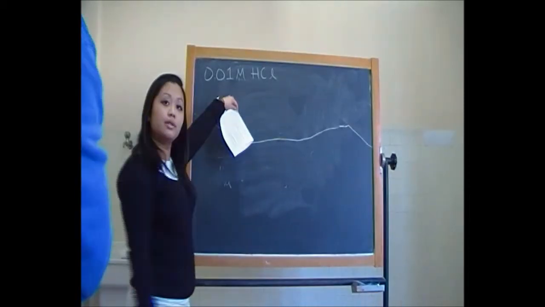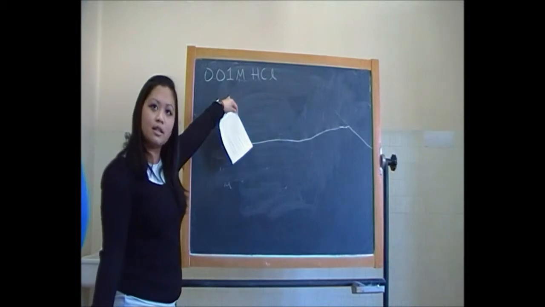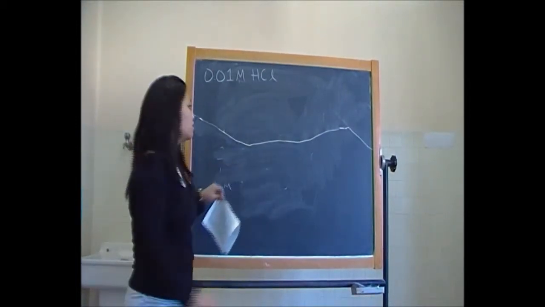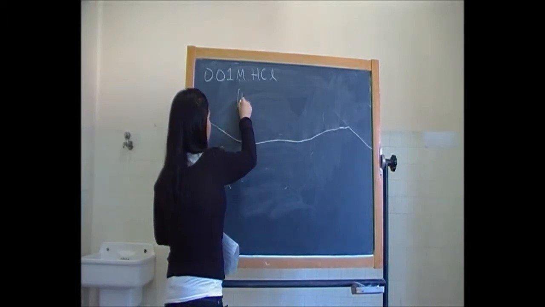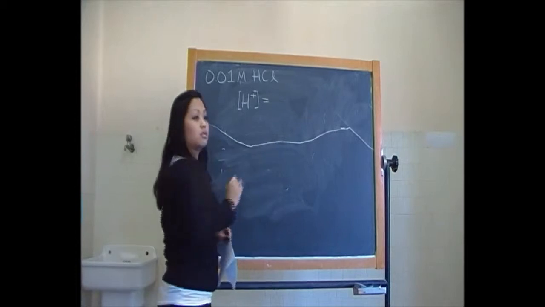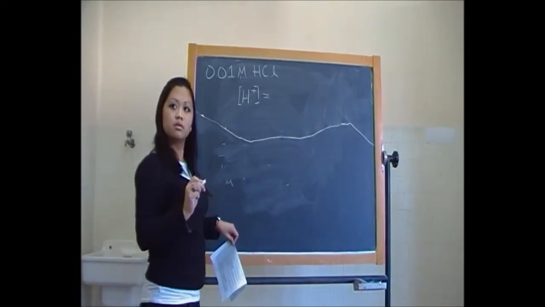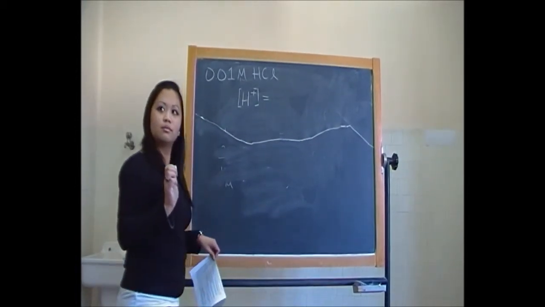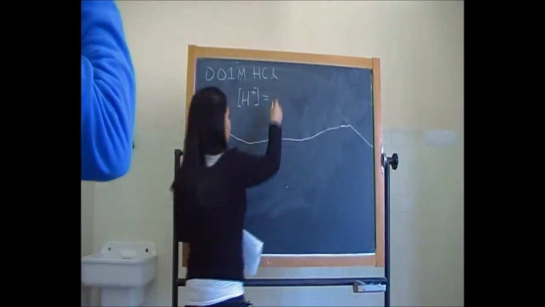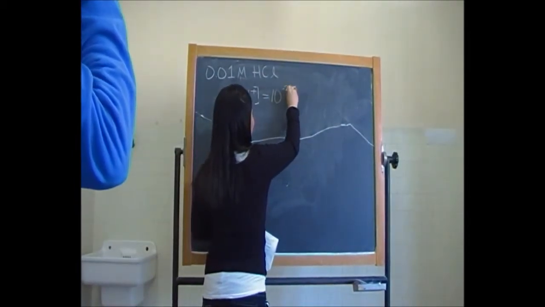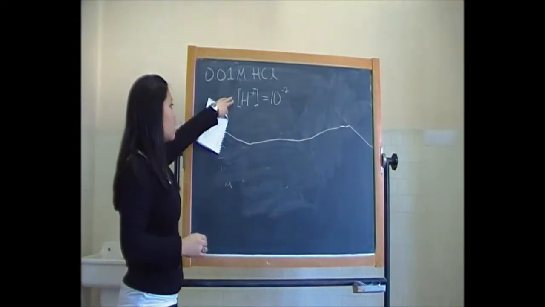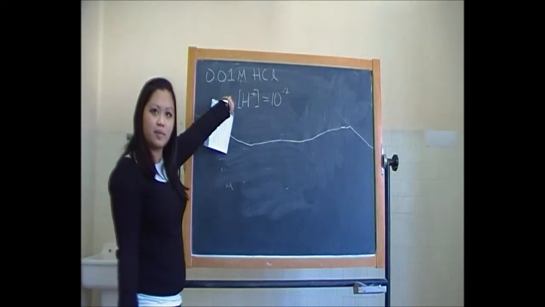When this dissociates in water, what is the concentration of hydrogen ions? H plus. 10 to the minus 2. If this is the concentration, what is the pH?